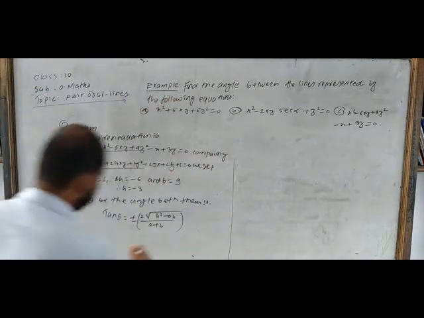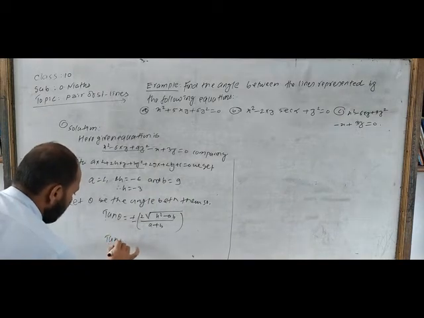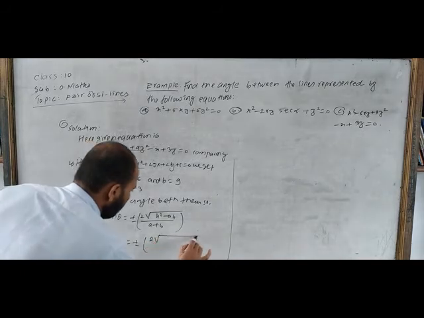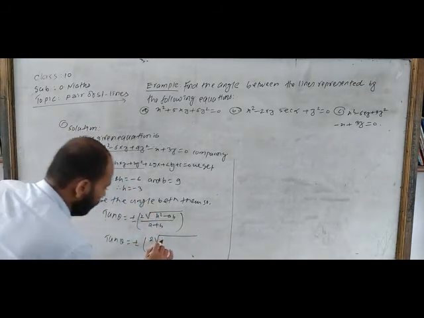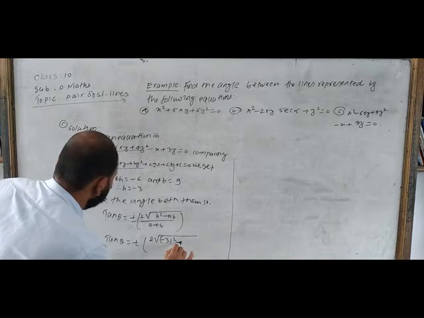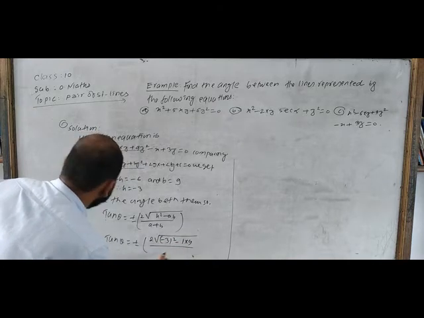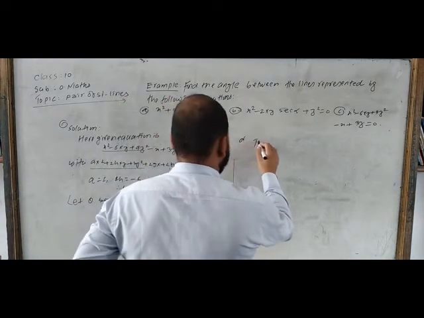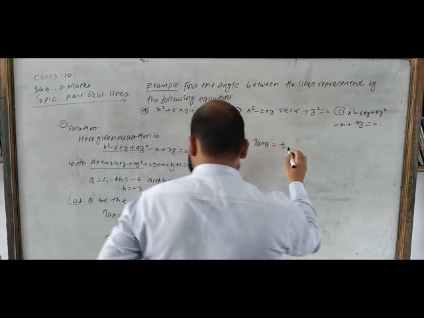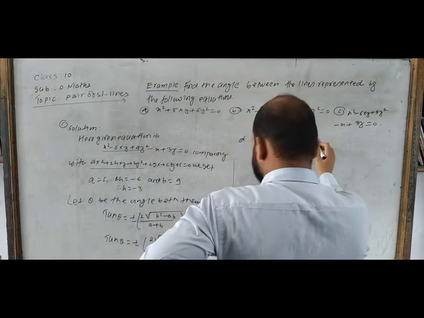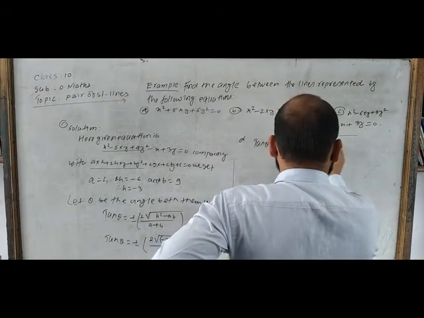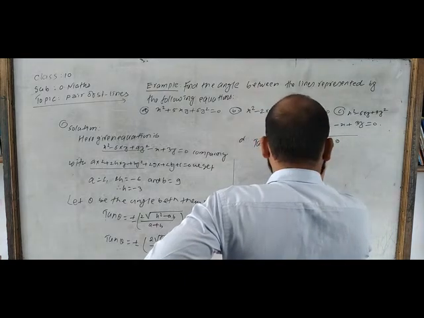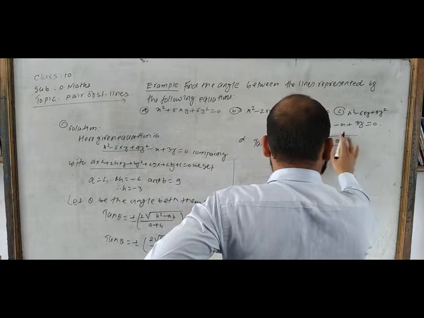Now here we have tan theta is equal to plus minus. Now put the values. What is the value of h? Minus 3. So 2 root under minus 3 square minus 1 into 9, by 1 plus 9. Okay, and tan theta is equal to plus minus 2 root under 9 minus 9 by 10.